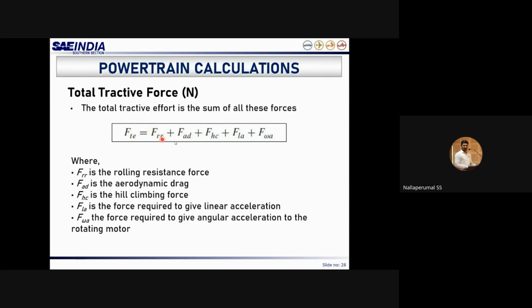You have to overcome the rolling resistance, the aerodynamic drag, and the hill climbing resistance, and then to propel your vehicle forward, you'll need linear acceleration, and then angular acceleration. Since we have rotating components in the vehicle, we also have angular acceleration. So summing up all these would give us the total tractive force.